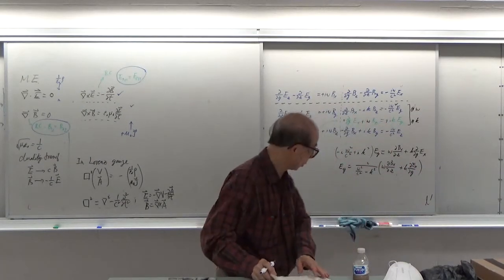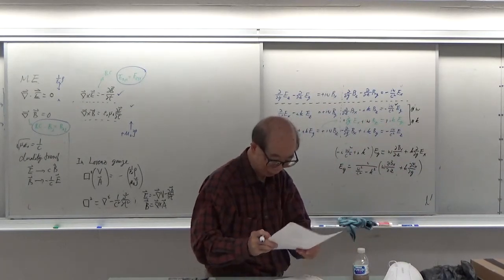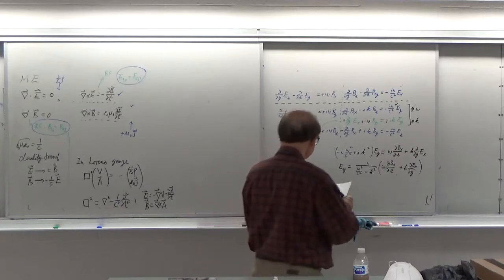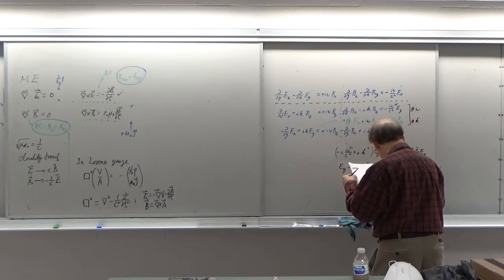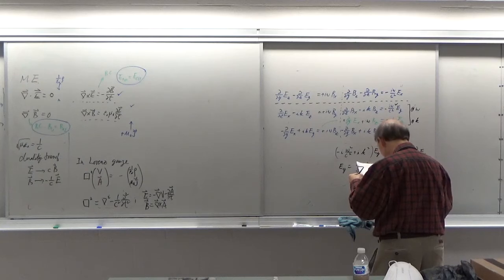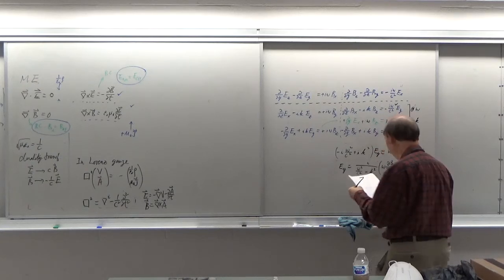And let me check, since I've been making mistakes, that my Ey is i times omega del Bx by del z plus k del Ex by del y. Correct.